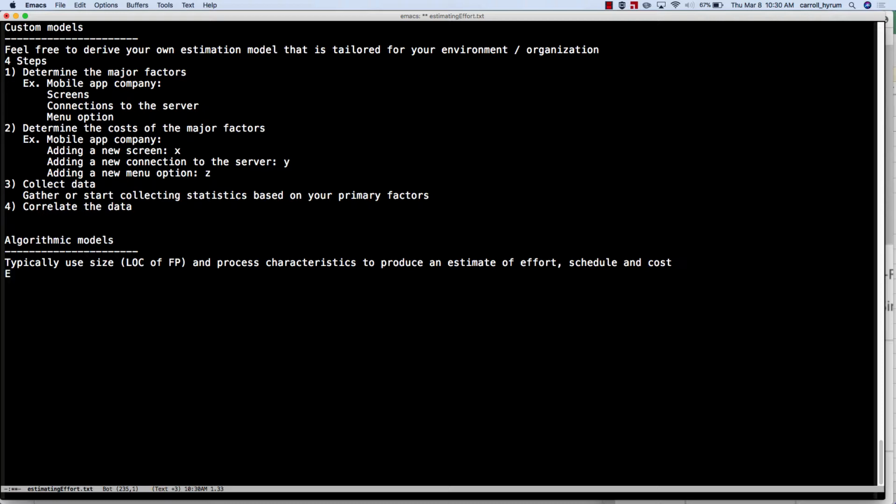These are empirically derived, so they look at data and get their results empirically derived using regression analysis.